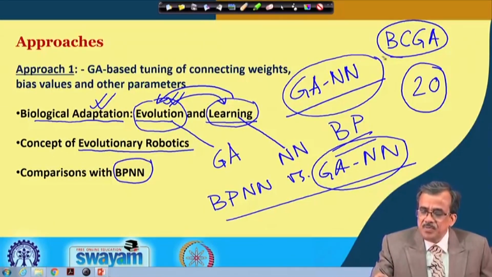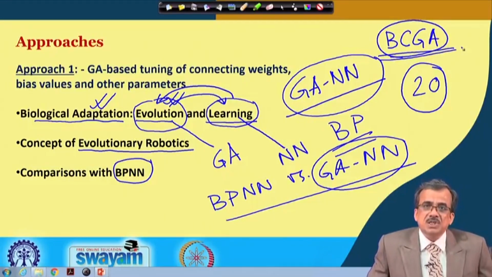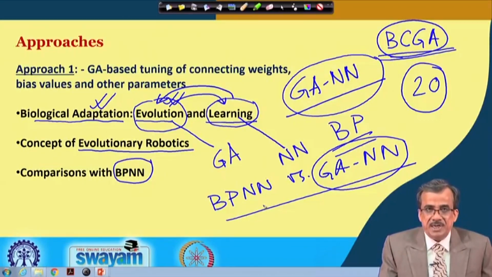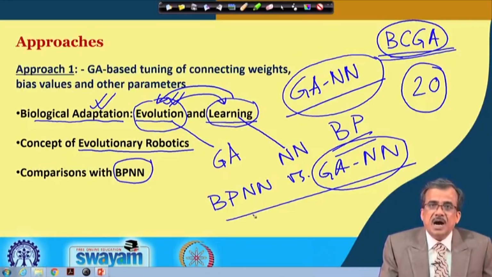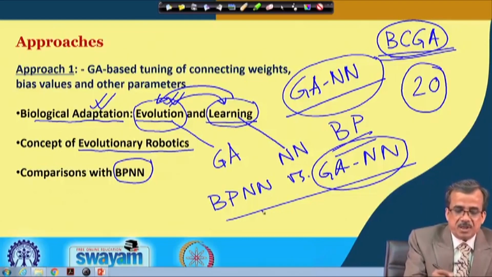Now, if I use the binary coded GA, to represent each of these variables I will have to use a number of bits. Let me assume that I am going to use say 10 bits to represent each variable.